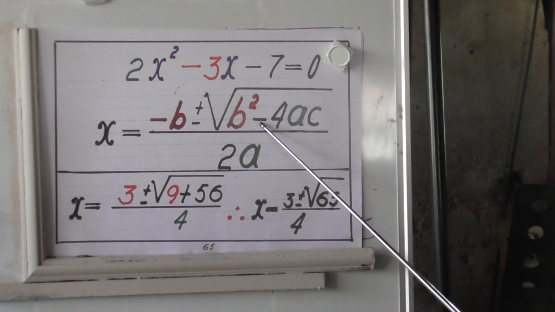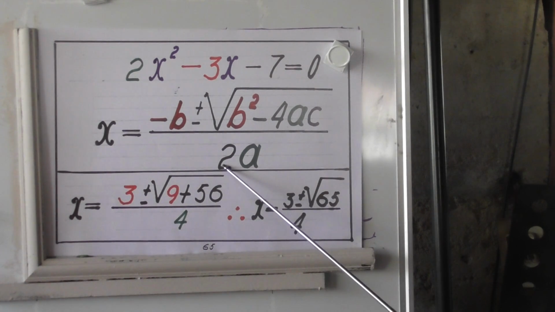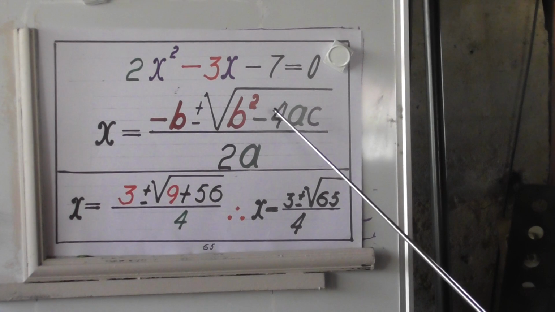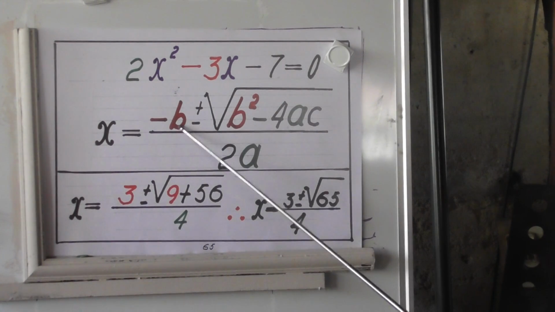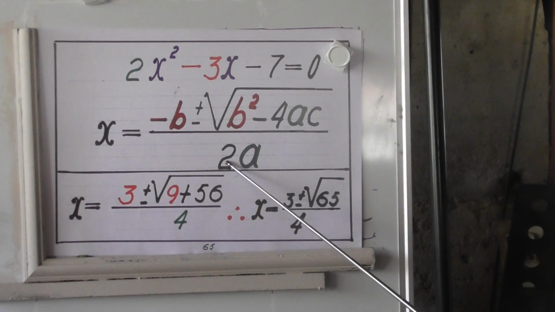We have already the negative. Your eye goes here, so b squared, your eye goes down, 4a.